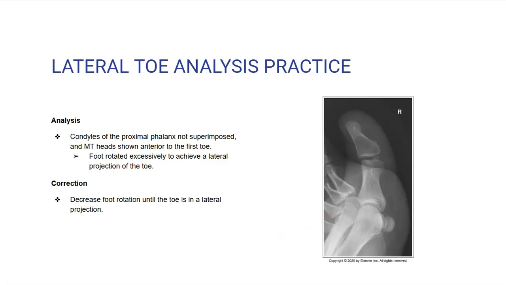This indicates that the foot has been excessively rotated. In order to correct this imaging error, we need to decrease that foot rotation until the toe is positioned in a true lateral projection, ensuring that the condyles of the proximal phalanx are superimposed and the metatarsal heads are correctly aligned.